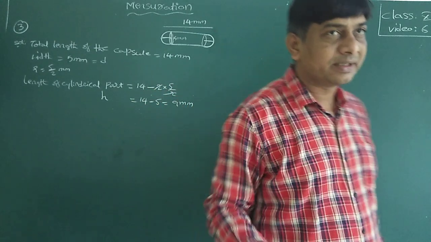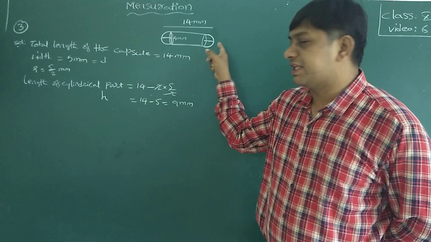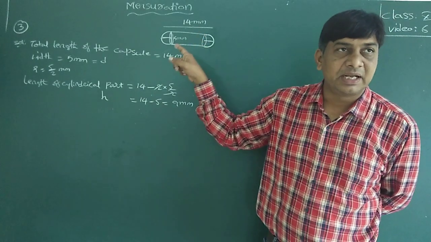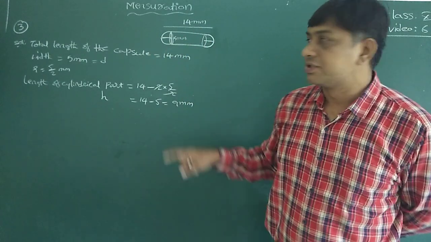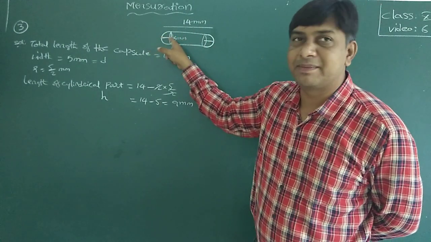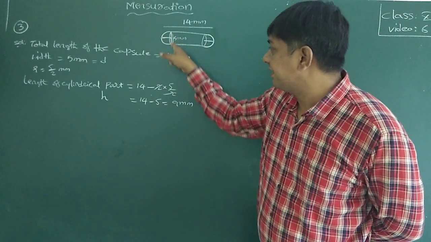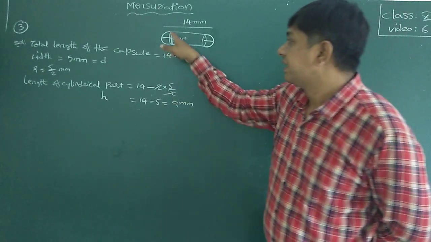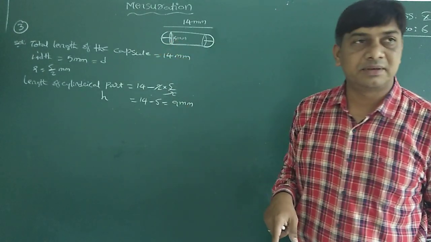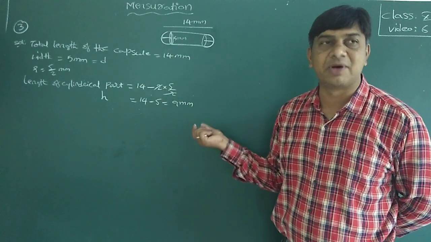Am I clear here? The capsule is in the shape of a cylinder and either end is closed with a hemisphere. So the hemisphere depth is nothing but the radius of the hemisphere. The width of the capsule is nothing but the diameter of the hemispherical portion and the cylindrical portion, common because they are surmounted.